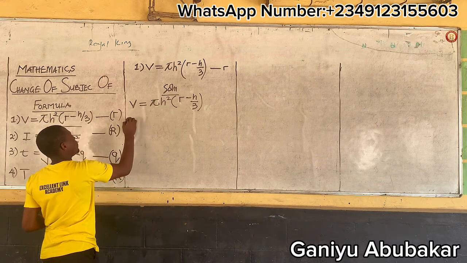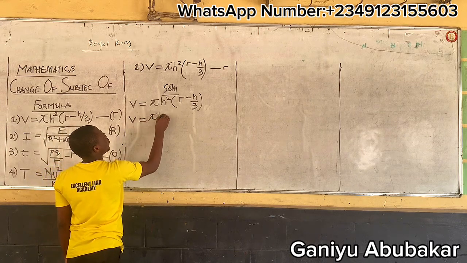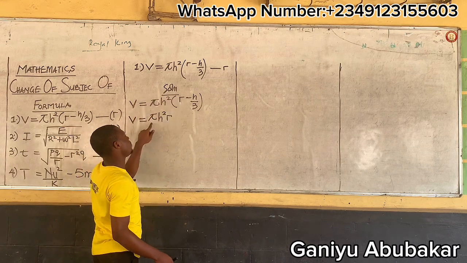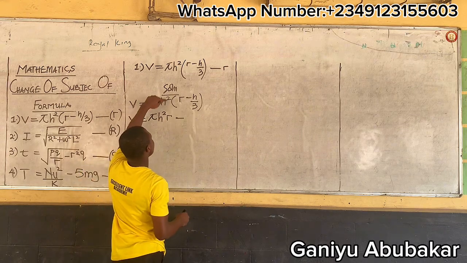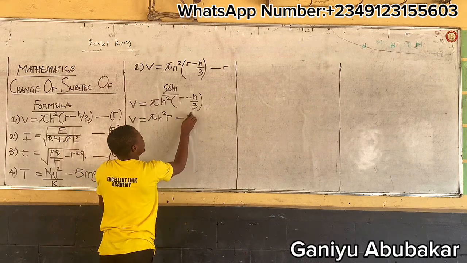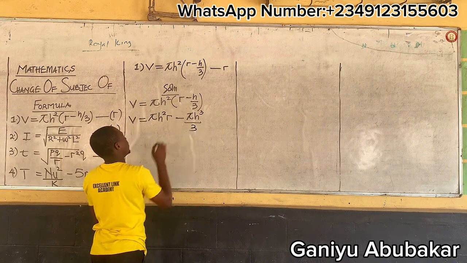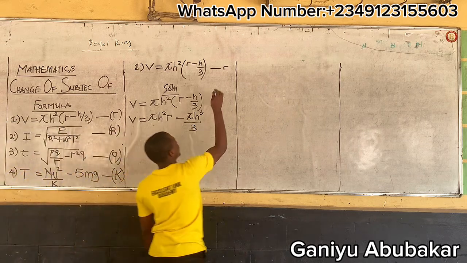So I will have V is equal to pi h squared times r, minus pi h squared times h, that gives pi h cubed, all over 3.